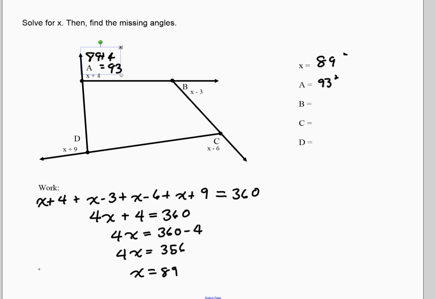And then likewise, 89 minus 3 would be 86 degrees. So that would be this one. And 89 minus 6 would be 83 degrees. And 89 plus 9 would be 98 degrees. Also, keep in mind that the angles are not going to be drawn exactly to scale. And so you just have to go with what the math tells you, not so much what the picture looks like.